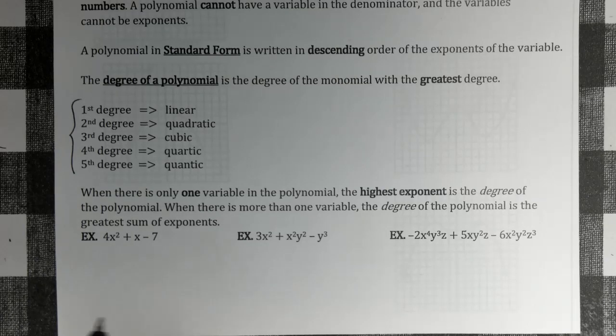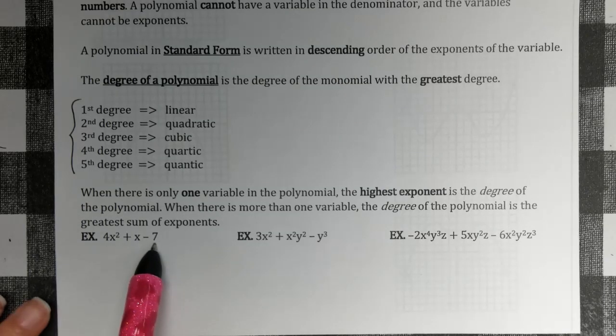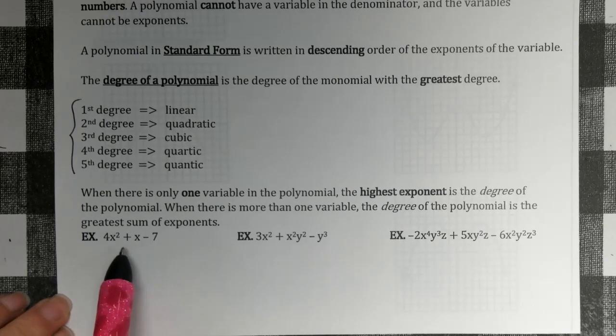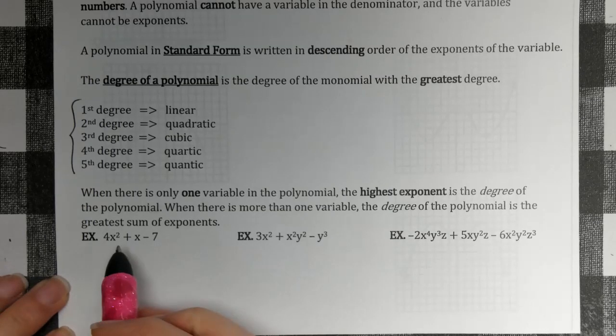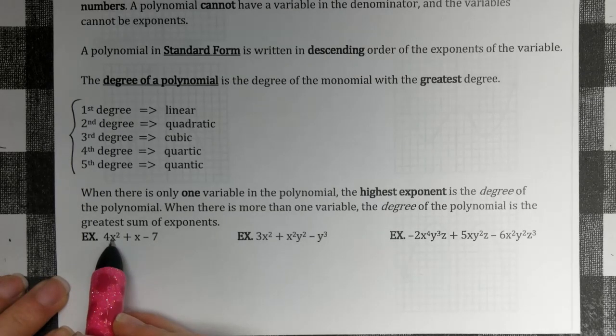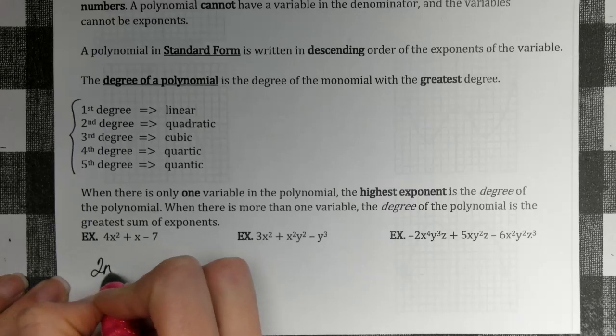So if all I'm looking at is 4x squared plus x minus 7, I only have one variable, which is x. So my degree would be the highest exponent, which is 2, so it would be a second degree polynomial.